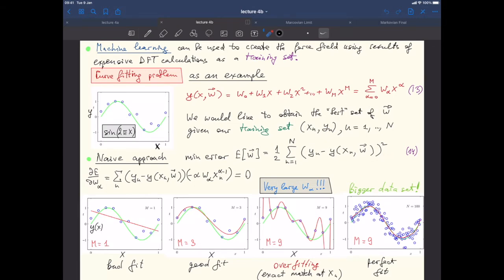So with a small number of parameters, like in this case, we have a very bad fit. For a very large number of parameters, we again have a very bad fit. And somewhere in the middle, we may have a reasonable fit.